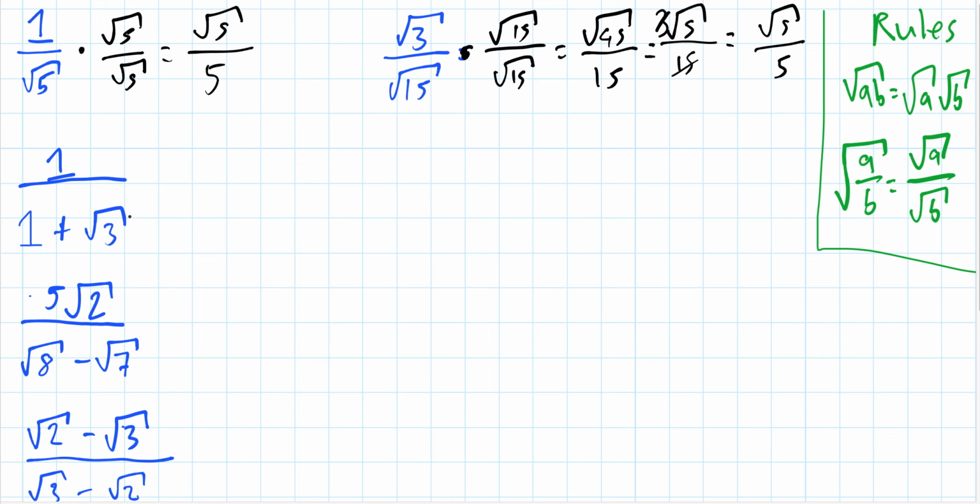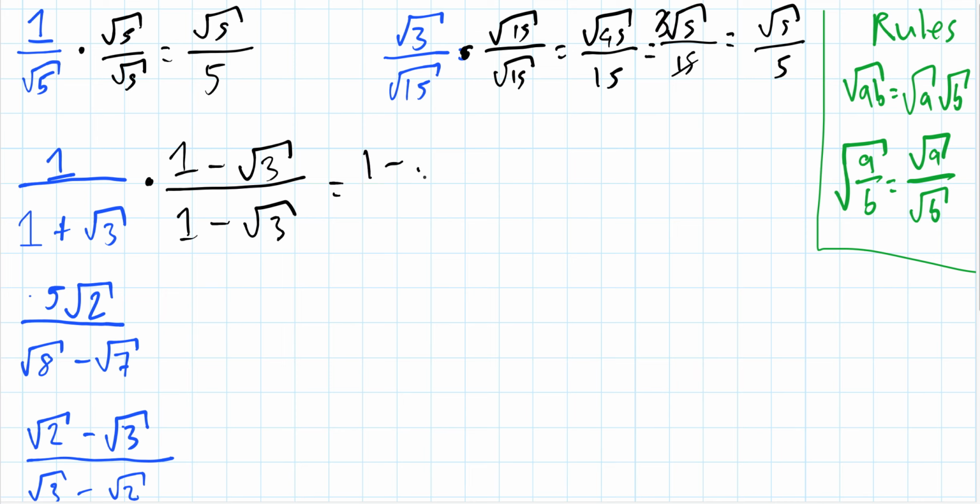Next up, in this form, we have to multiply top and bottom by the conjugate, which means 1 minus square root 3 over 1 minus square root 3. So we just do the opposite sign.